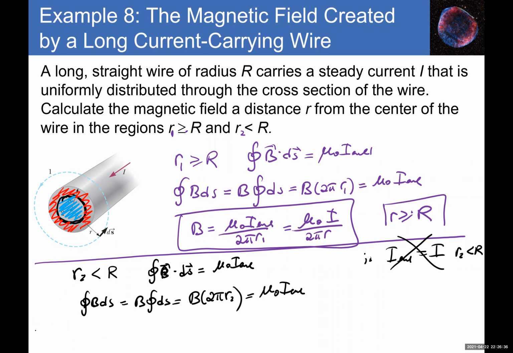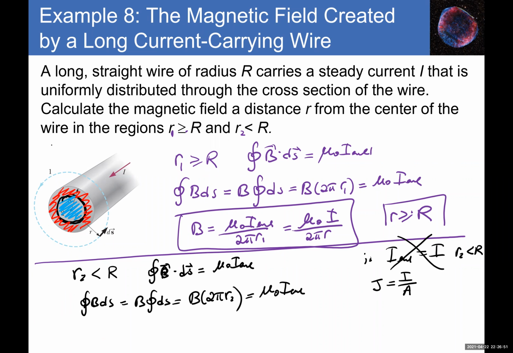Well, for that, we remember that J, which is the current density, was defined as the current divided by the area. Now I have two areas.